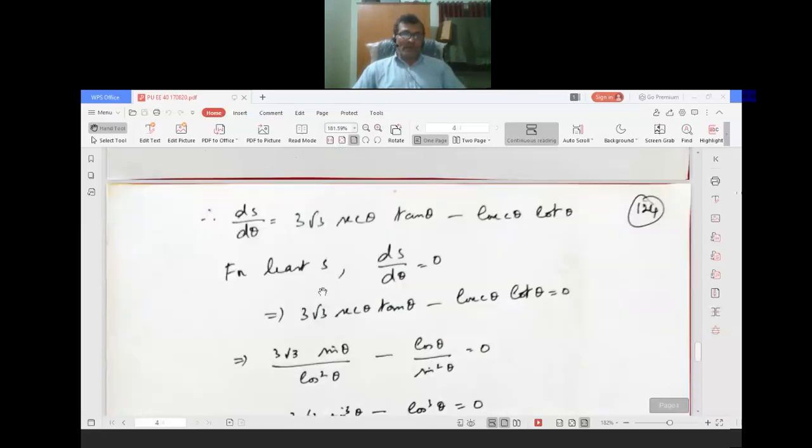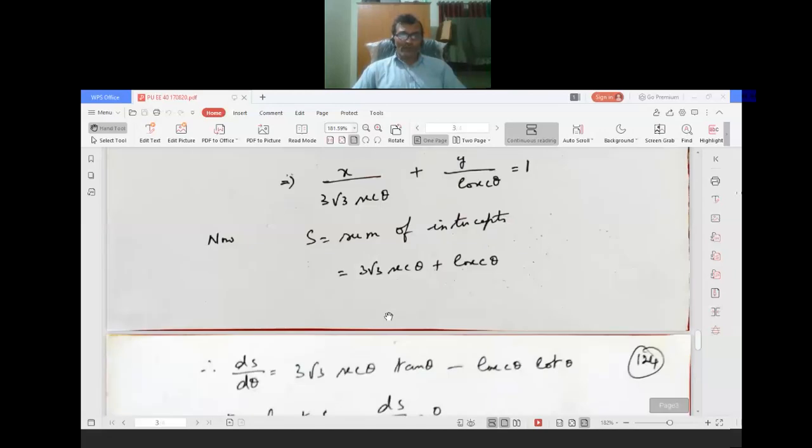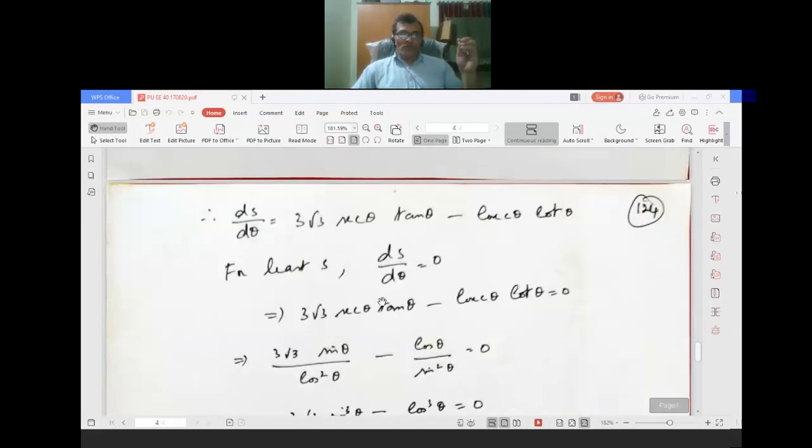Now for the least value of S, for maximum or minimum, dS/dθ equals 0. So 3√3 sec θ tan θ minus cosec θ cot θ equals 0.